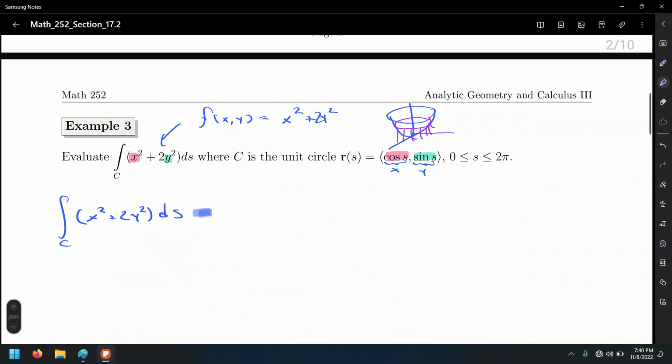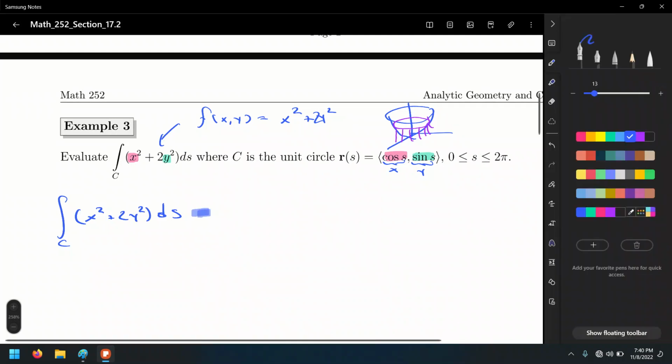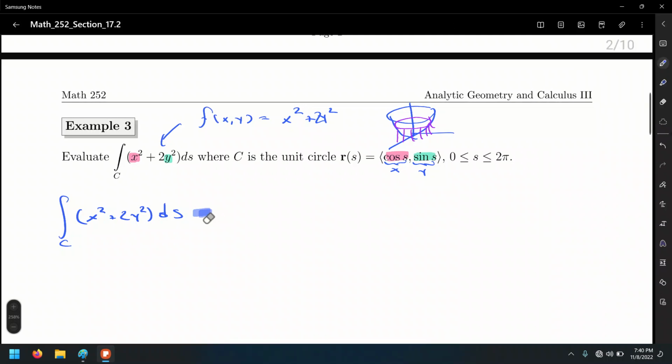Since we are integrating over the unit circle, we integrate the quantity x squared, where this is cosine squared of s, plus 2 times sine squared s, ds, from 0 to 2 pi actually.